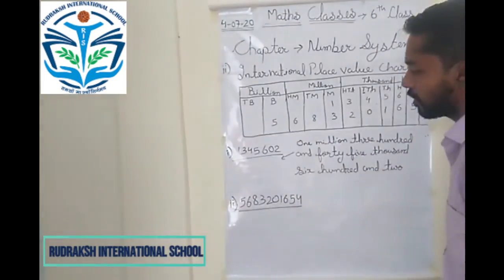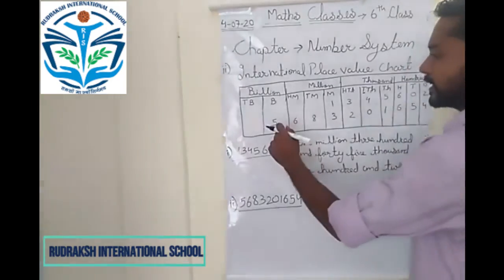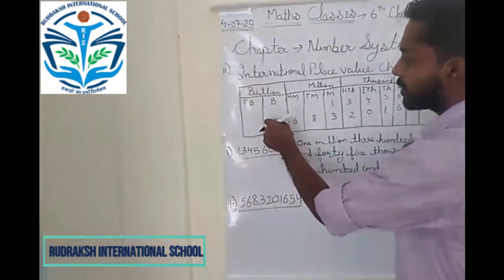So what will be the sequence we will get from this number? It is 5 billion, because you can see the 5 is coming under the billion category.